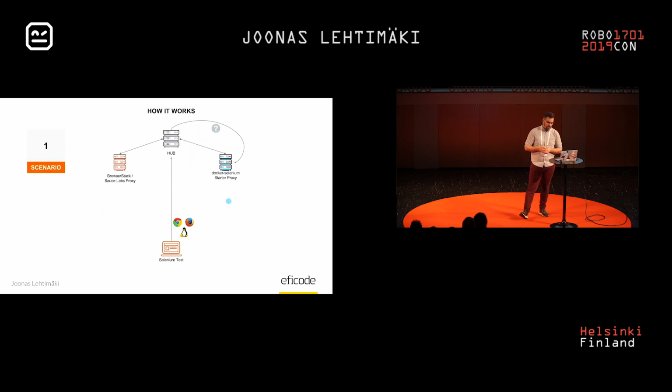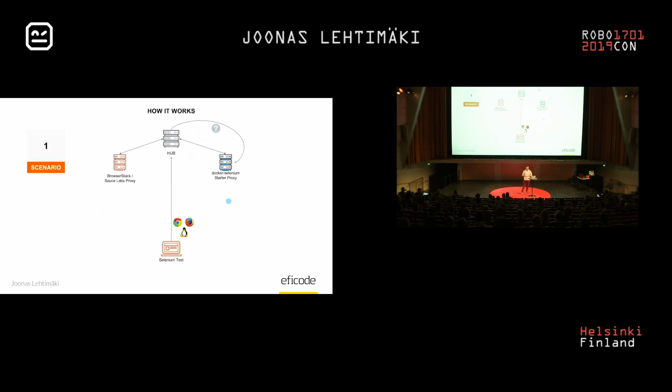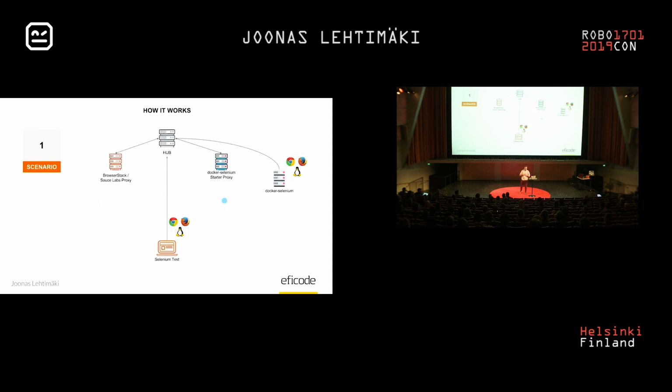But this Selenium has its own logic, called the proxy. It'll check whether there aren't any worker nodes available for the test case, and if not, it'll start spinning those up and then assign that test case to them. I'd like to mention now that it only supports Chrome and Firefox.